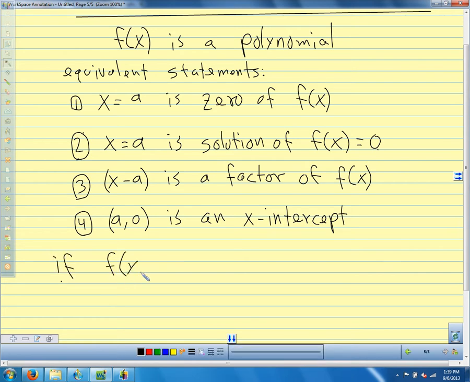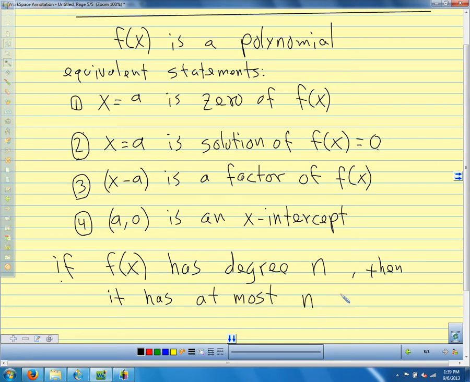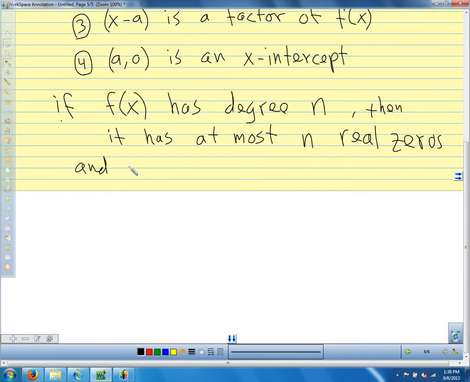So if our polynomial function has degree n, so the highest exponent on our variable is n, then it has at most n real zeros and at most n minus 1 relative maximum points or minimum points.